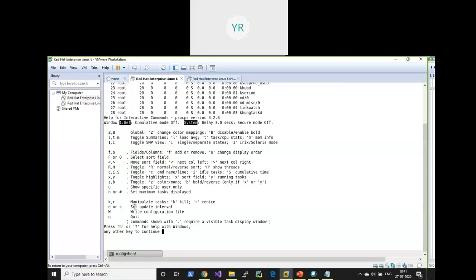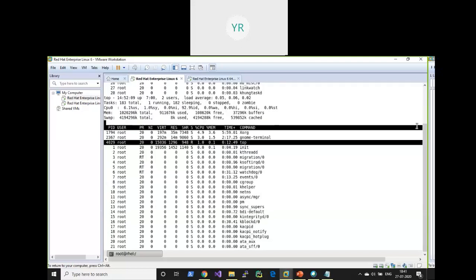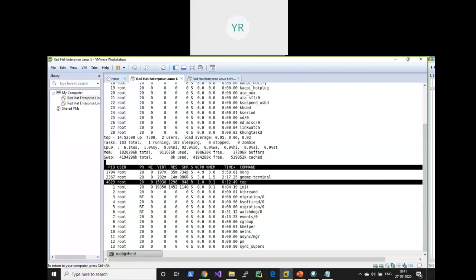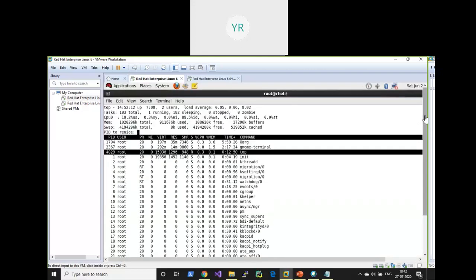Suppose you want to change the priority of a particular process, you can use R here. I think I have already shown that. If I press R, look at the top, it is asking for the PID to renice. Out of these processes, if you want to change the priority of a particular process, you need to give the PID.